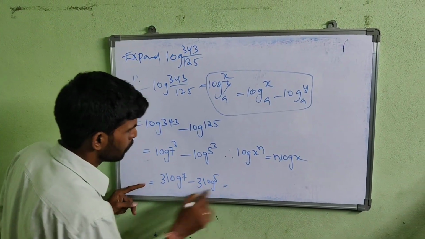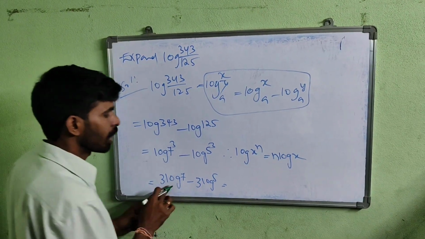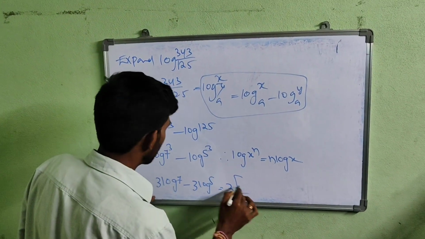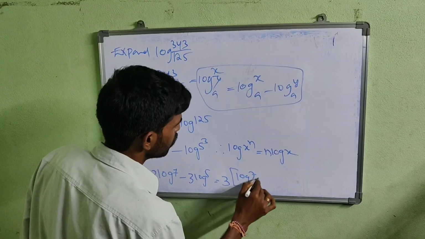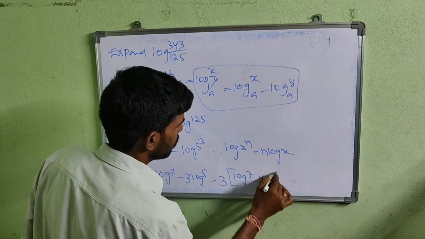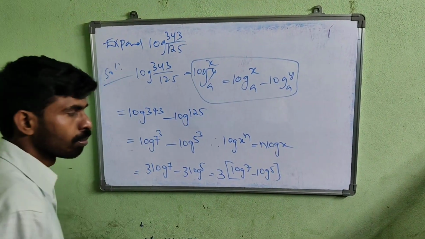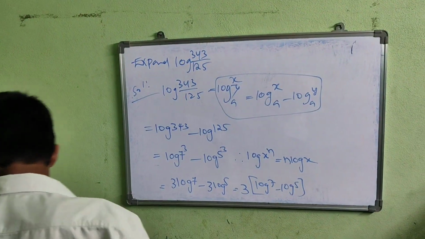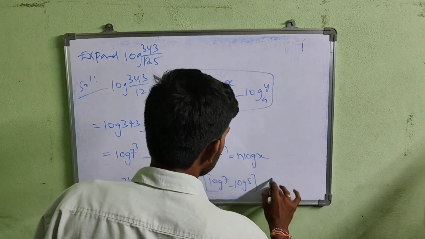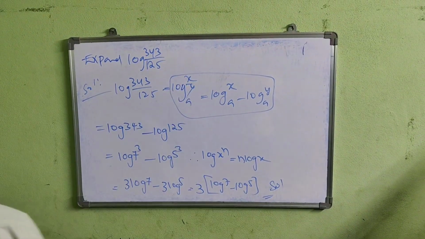From this, 3 is common, so taking 3 as common: 3 times log 7 minus log 5. This is the solution.